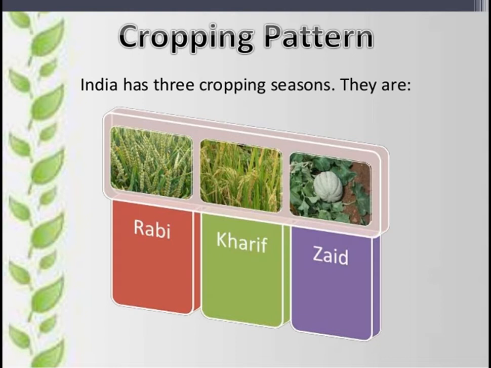In the different seasons, these cropping patterns are adopted and different crops are grown on the land. Farmers work day and night to grow the different crops. So pay respect to them and do not waste food, because that comes under violence.